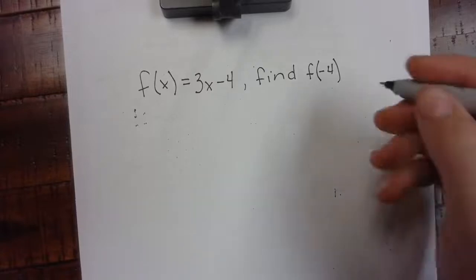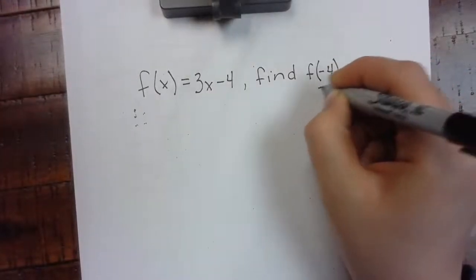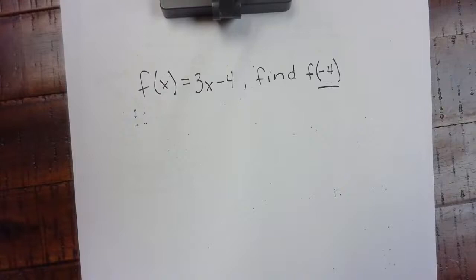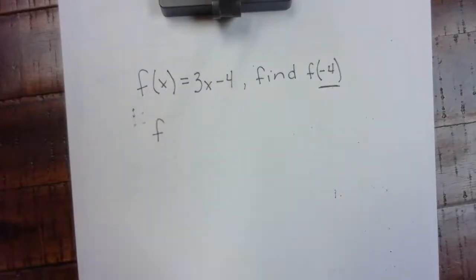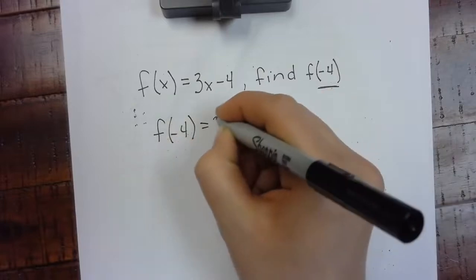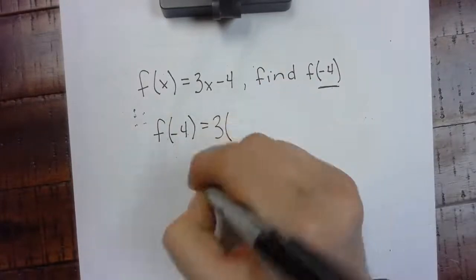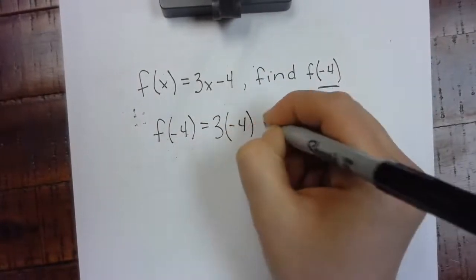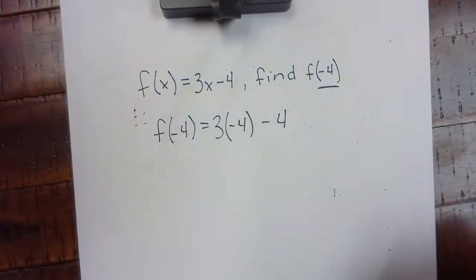Basically what we're going to do is take the negative 4 and plug it into everything with x. So f of negative 4 is going to be equal to 3 times negative 4 minus 4. And we're going to solve it like we know how to solve equations.